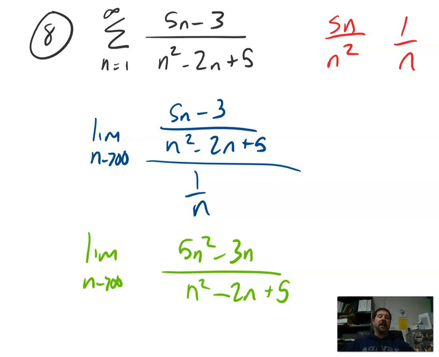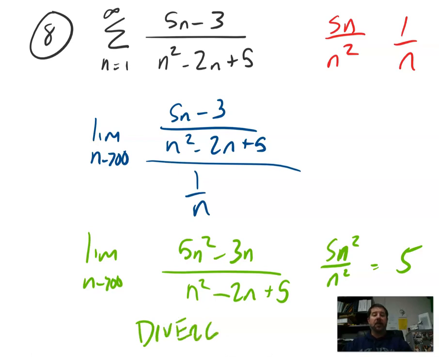Again, we're going to infinity, so ignore the other stuff, and we're just looking at 5n squared over n squared, which is going to go to 5. So again, because the harmonic series diverges, this series also will diverge. You'll see that this is a pretty useful test. We kind of like this one. It's fairly easy to work out. So, good one to kind of keep in the back of your mind.